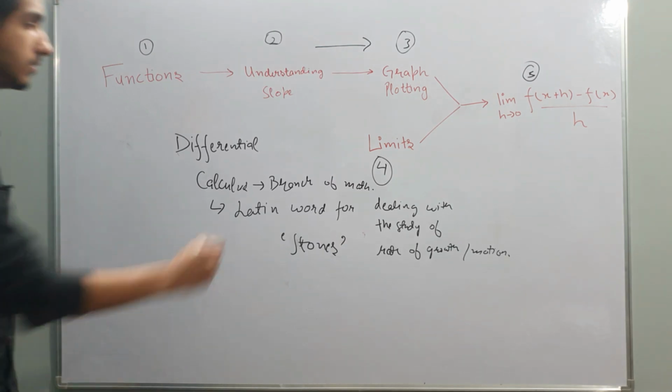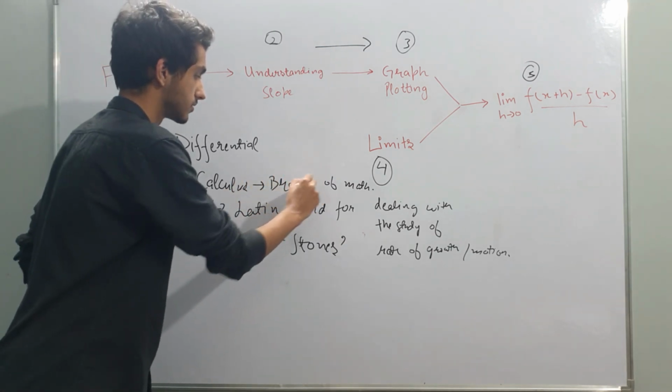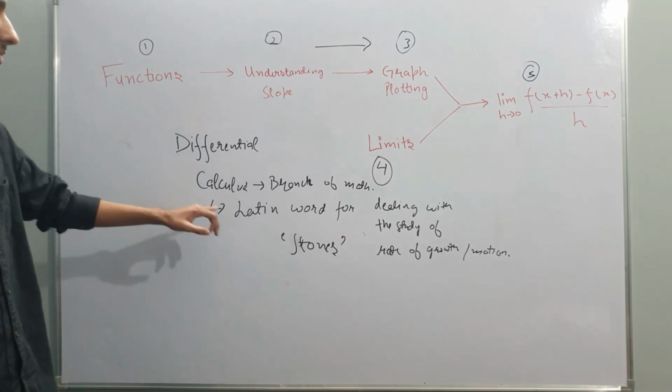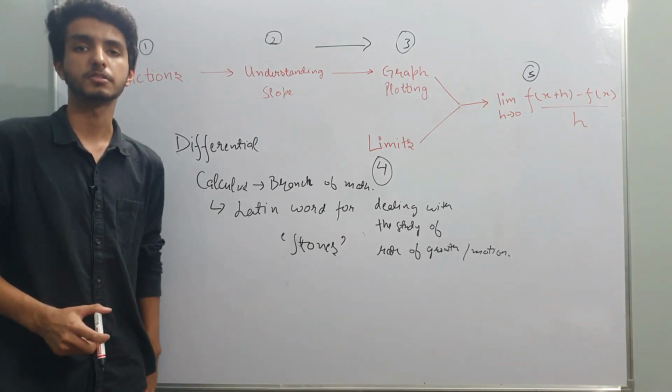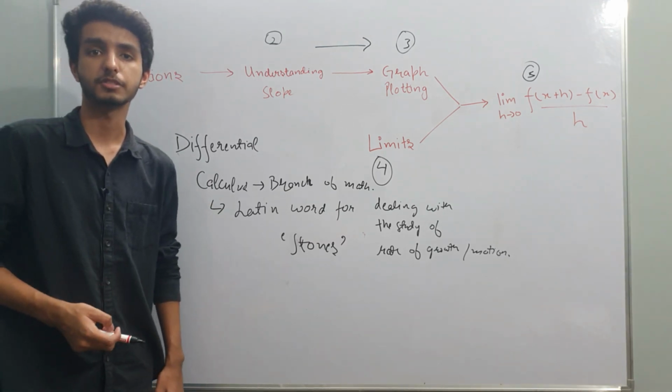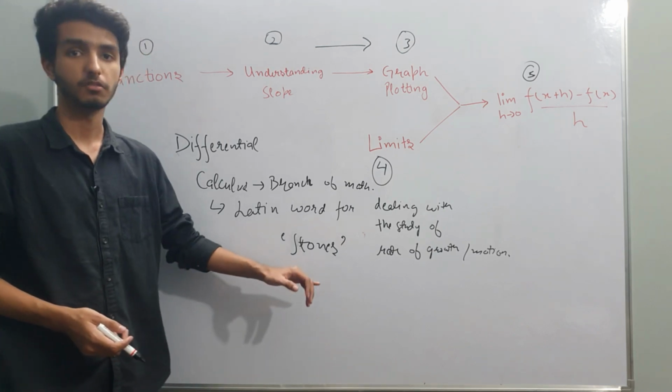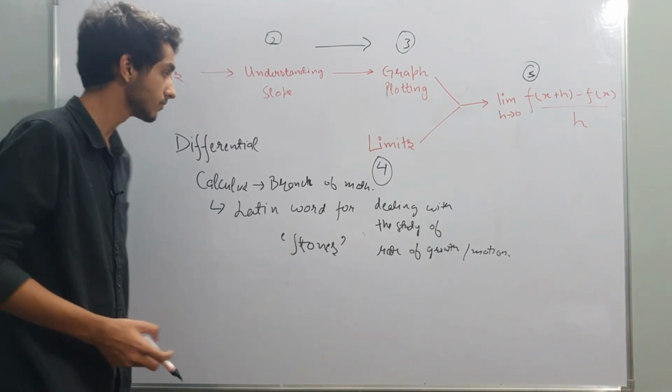So this is the definition of calculus. So calculus is the branch of mathematics which actually helped us to understand or study the rate of change of something, let's say a function, or growth of it.